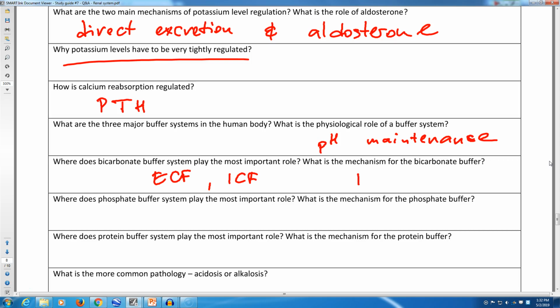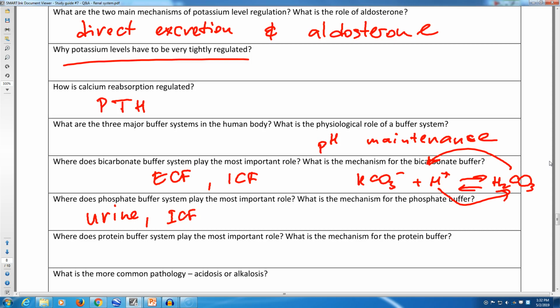Mechanism. That's the reaction. If there's not enough acid, it will go this way. If there's too much acid, it will go this way. Phosphate buffer system is the most important system in the urine, also intracellular fluid.